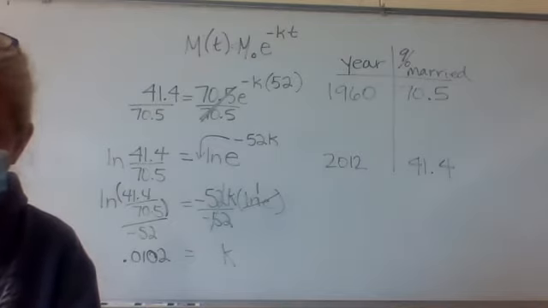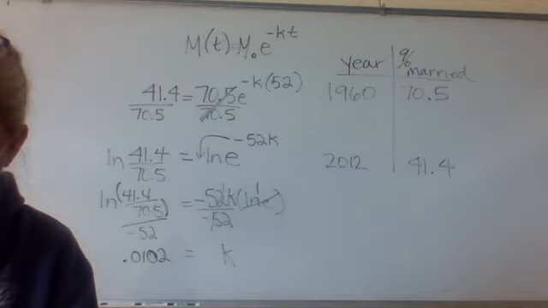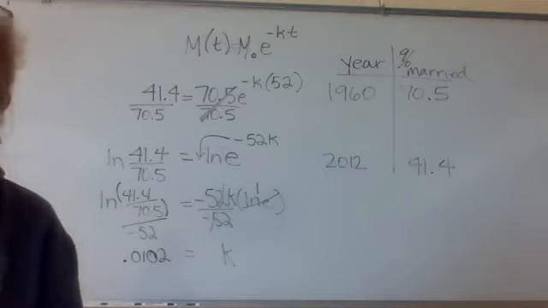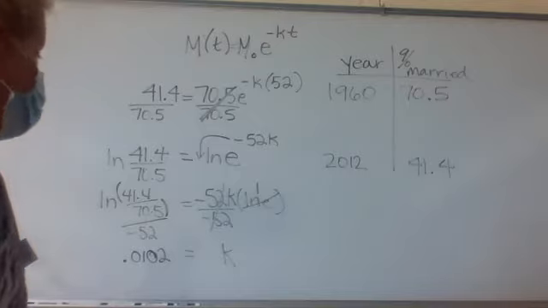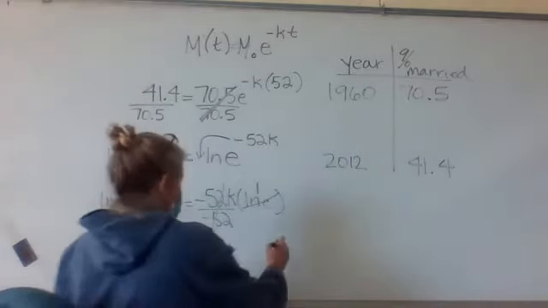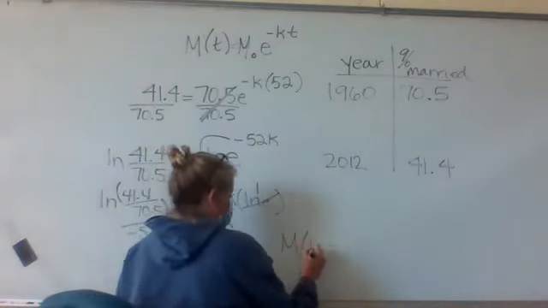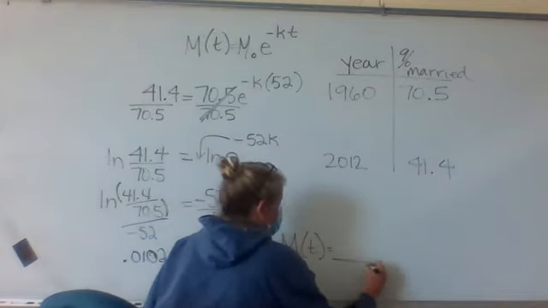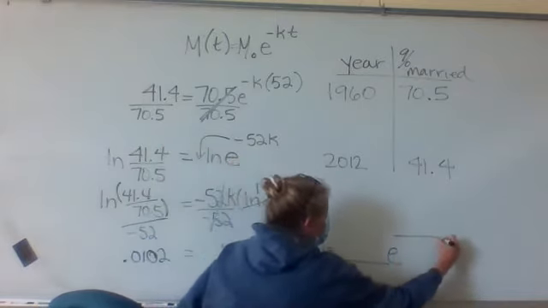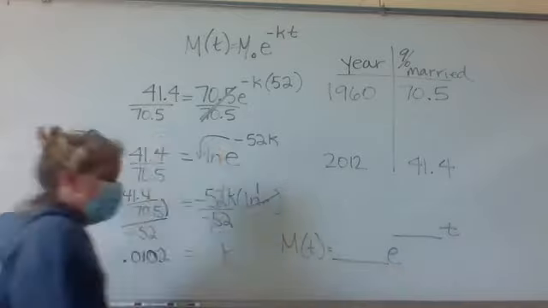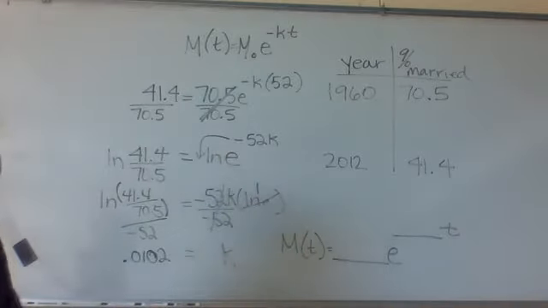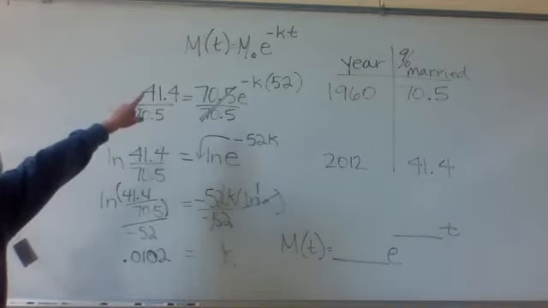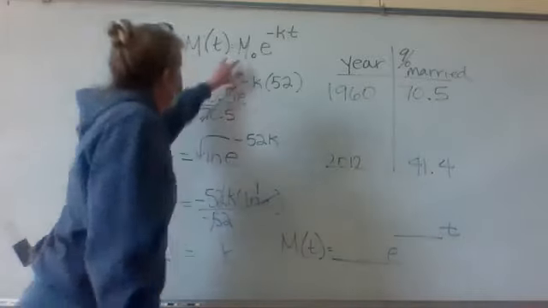Now, the second part says M of T equals blank E to the blank T. So let's look at what that means. So here's where your blanks are. In my formula, I've got the M of T, what's missing?